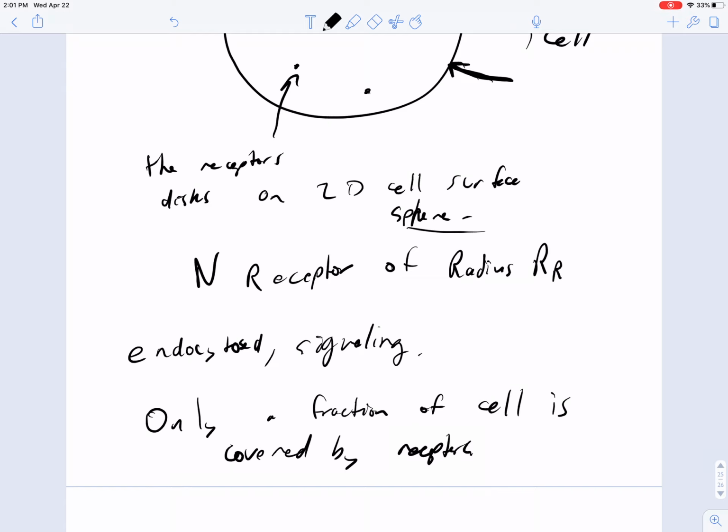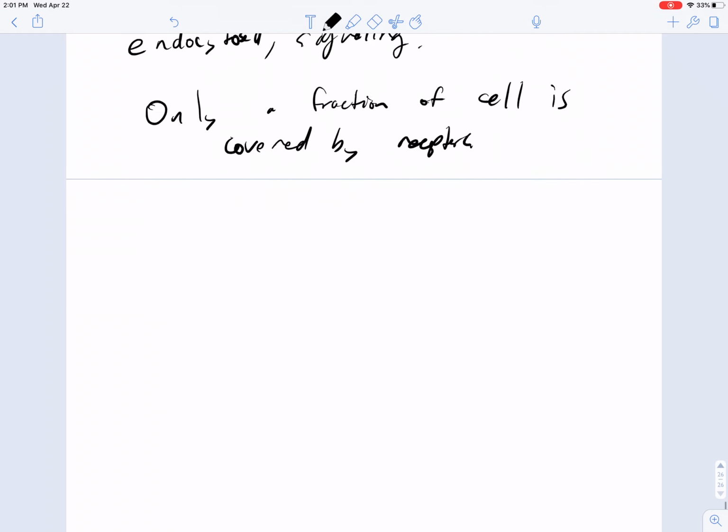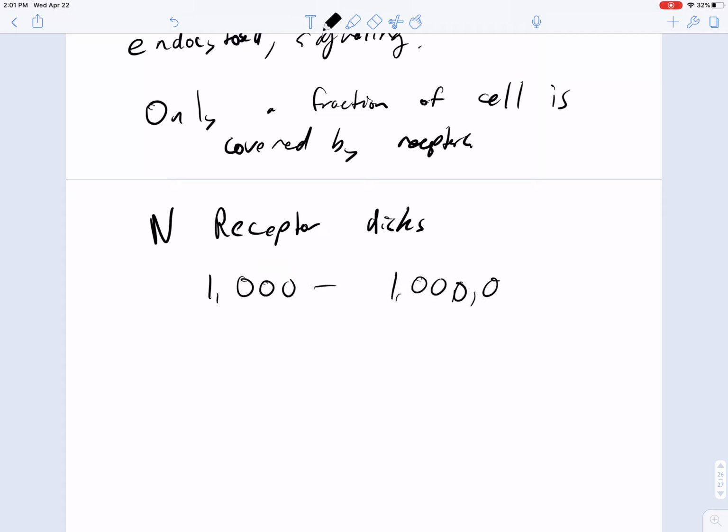Okay, let's say we have n receptor disks on our cell. Let's say n is somewhere between 1,000 and 1 million. It depends on the size of the cell, depends on the receptor.